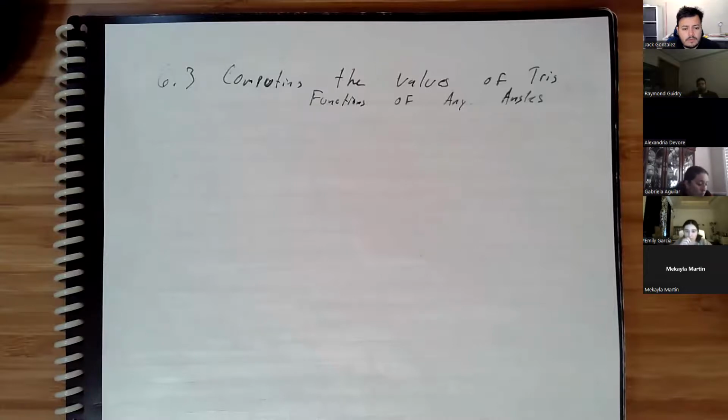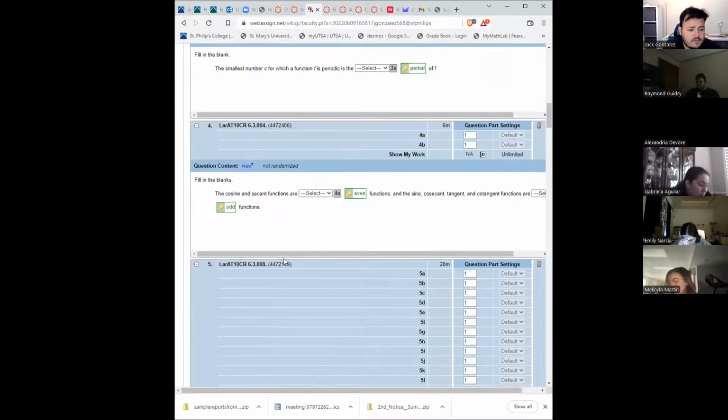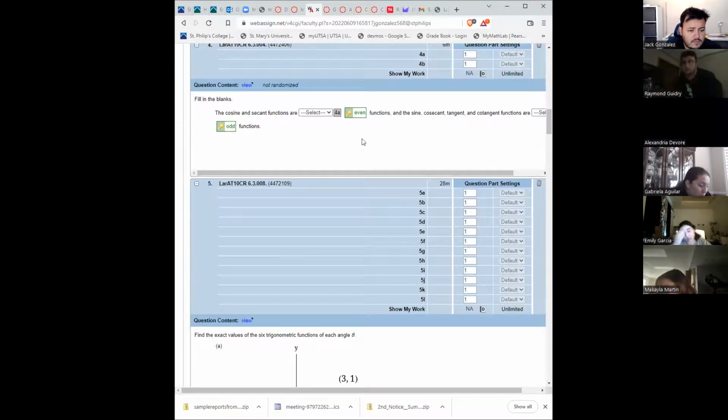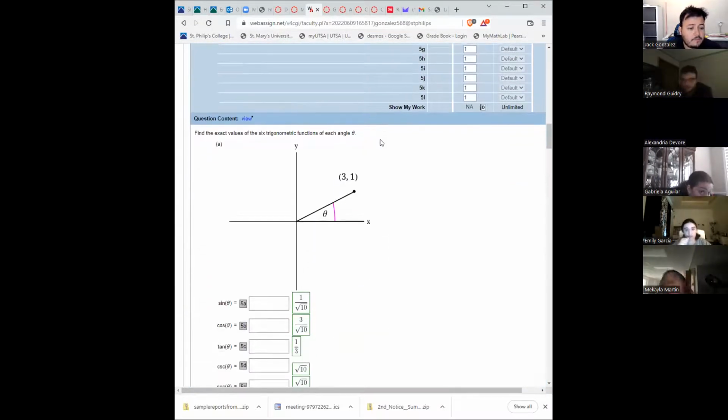Let's go ahead and look at the homework real quick, so we have an idea what we're going to see. Again, it starts off with some conceptual stuff from the book. Here it gives us a point, and says find the 6 trig functions from this value 3, 1. Doesn't seem too bad.